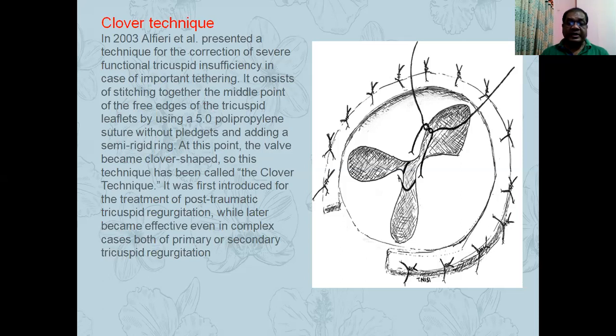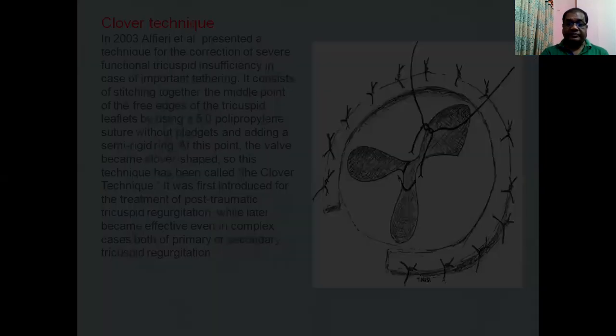At this point, the valve becomes clover shaped, so this technique has been called the Clover technique. It was first introduced for the treatment of post-traumatic tricuspid regurgitation, while later became effective even in complex cases both of primary and secondary tricuspid regurgitation.